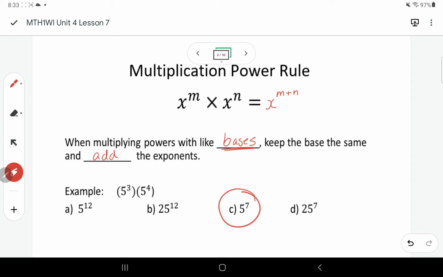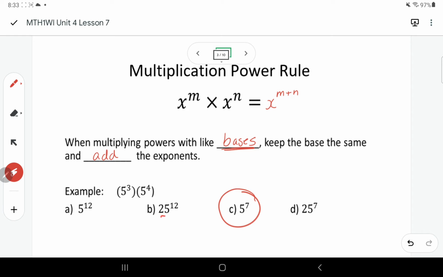But you'll see some common mistakes in the other answers. So people who maybe picked A, it looks like they multiplied the exponents, doesn't it? And they were thinking, oh, I'm multiplying stuff, so they think multiply exponents, but we know we add them together.